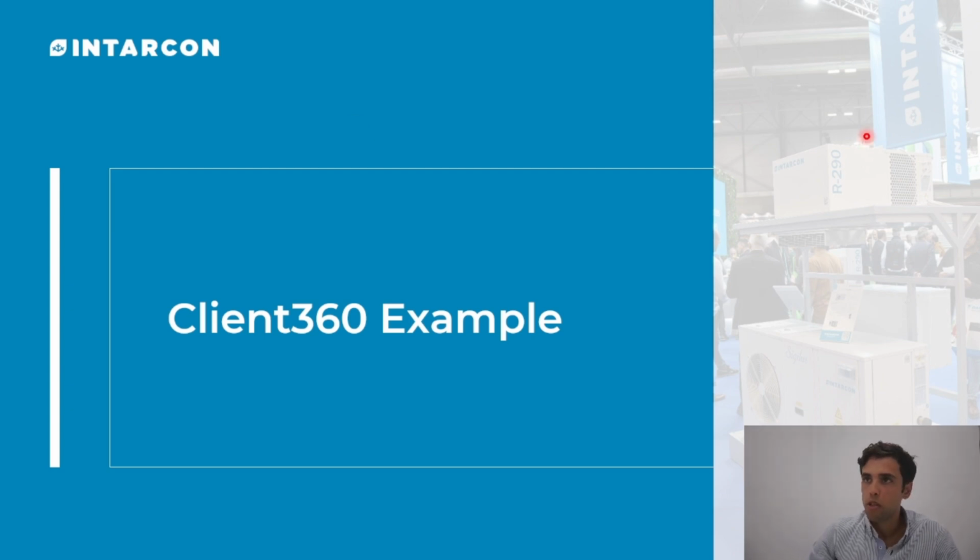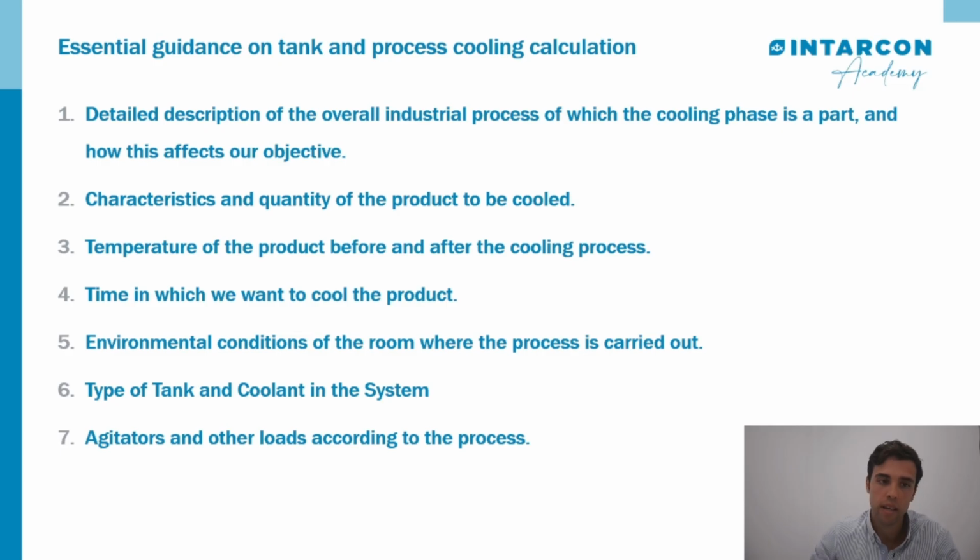So now we are going to present an example with Client 360 and how we are going to solve this case. We are going to use the main essential guide on tank cooling that we have shared with you before. In this case, we have to know the process, and the process is for a winery that wants to cool the must.